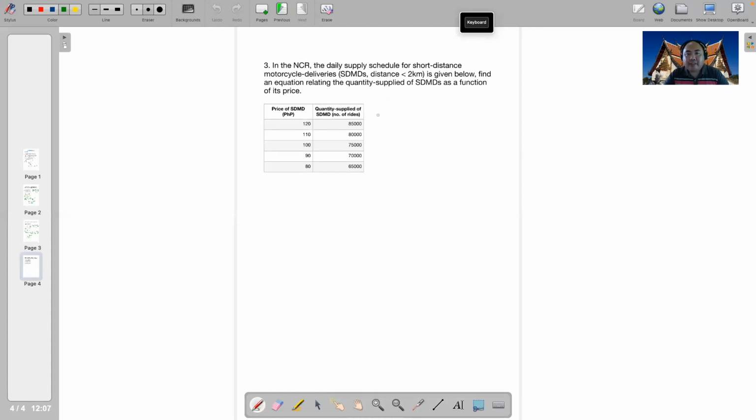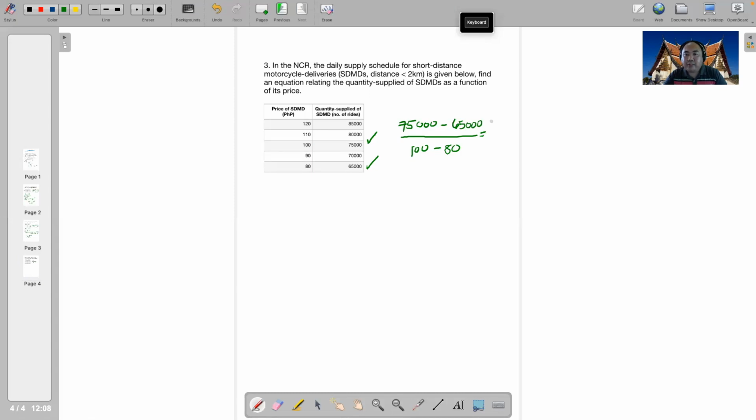Again, this is very repetitive. Let's choose two different points; I believe it's convenient to use these two. When the price level is at 100 pesos, there are 75,000 deliveries in Metro Manila. When the price drops to 80, the supply of SDMDs decreases to 65,000.